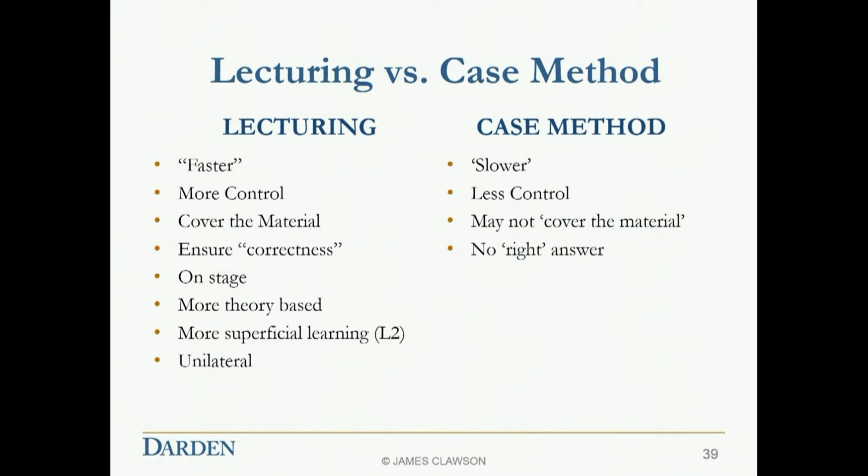There may or may not be a right answer in case method. So if you, for example, are trying to calculate the hurdle rate for an investment organization, if you're trying to calculate how long it's going to take to deliver a new product to the customer, if you're trying to calculate what you should value another firm at, or how long it would take to change a bottleneck in a process that seems to be holding up everyone else, there may or may not be close to accurate answers.